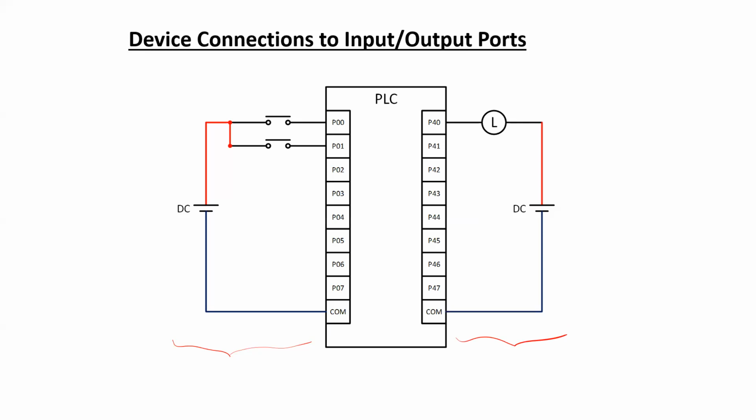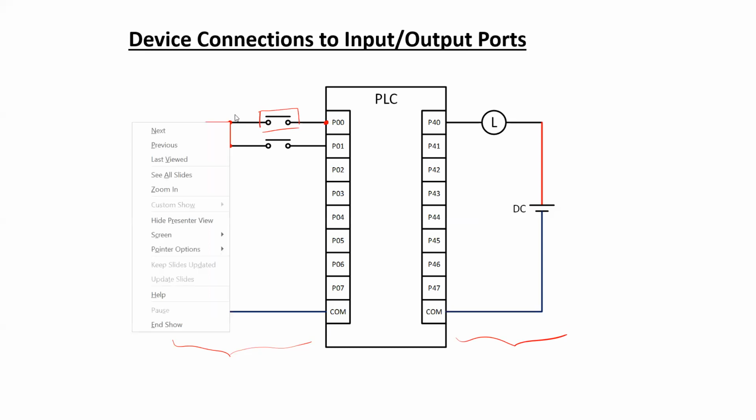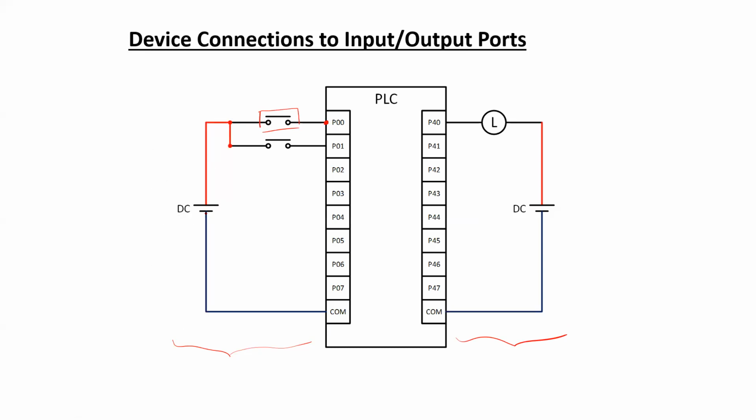As you can see in this figure, as an input device, a normal switch, a push button switch, is considered. One terminal of the switch is connected to the port, the other terminal of the switch is connected to a power supply, and from the power supply the connection is completed through the common terminal. For this particular diagram, it has been hypothetically considered that all these input ports have only a single common terminal.